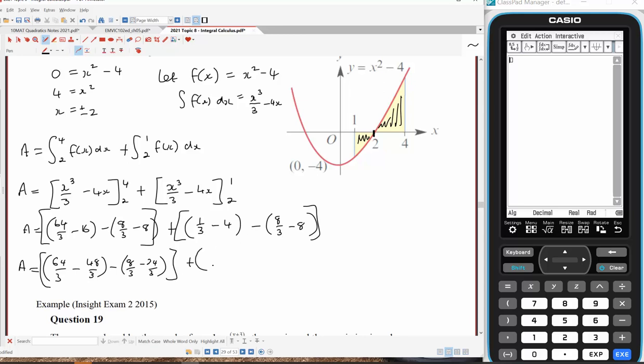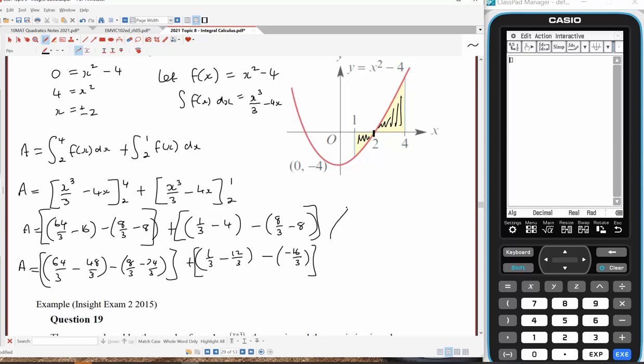This one is going to be negative 1/3, plus 12 on 3. Take away this one here, which we already know, so let's just do this. It's negative 8 plus 24 is 16 on 3.